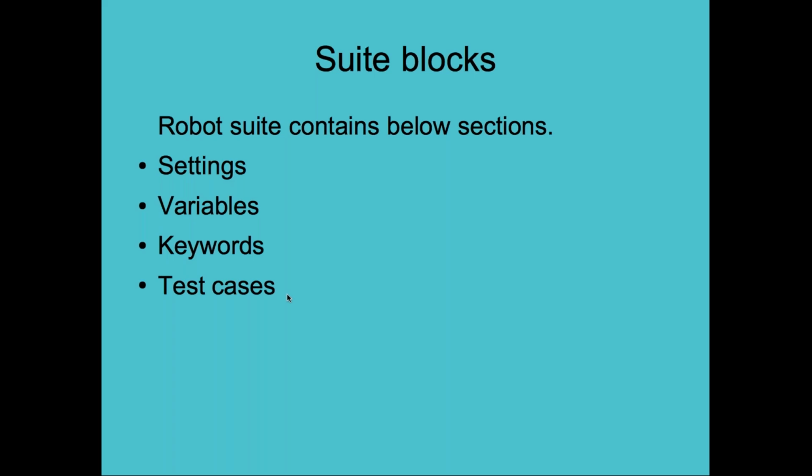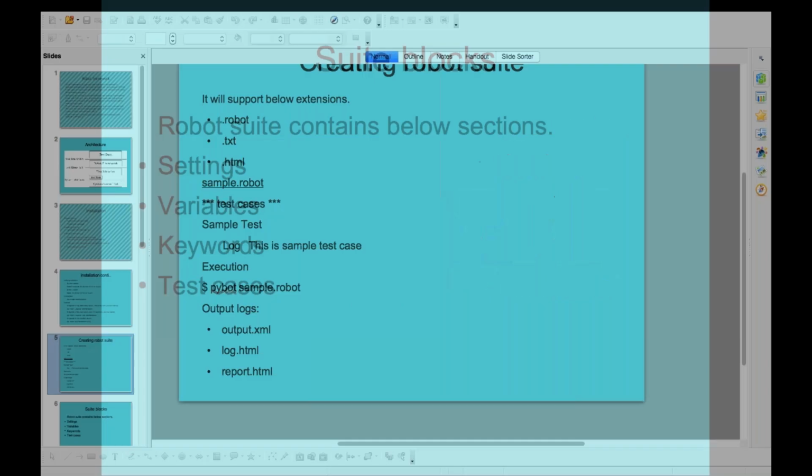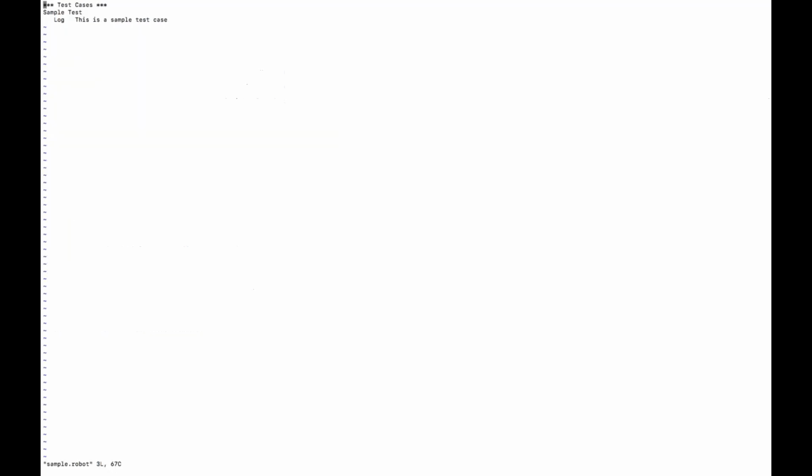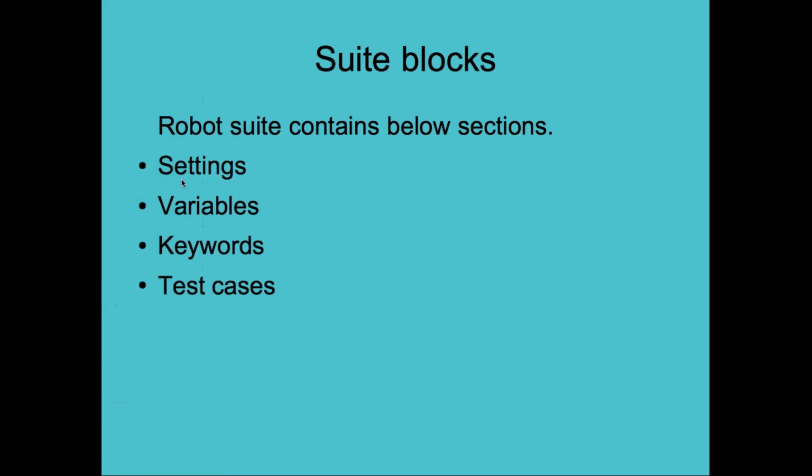But test cases is mandatory, because if you don't create any test case in the particular suite, there is no point in executing the suite. So we have to define at least one test case. That is the reason, if you see the sample test case, we didn't create keywords, settings or variables. We created only the test case.